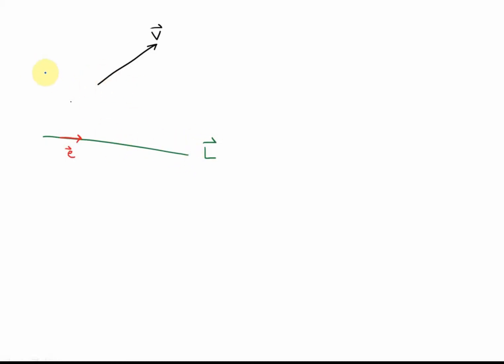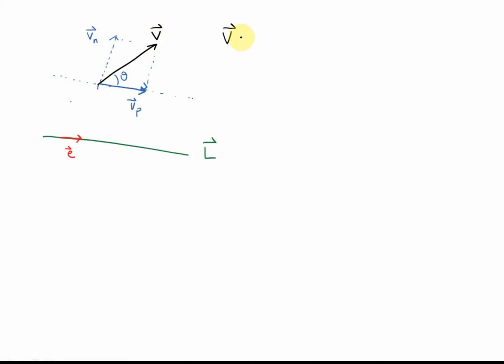So what does that mean? If I make a line perpendicular to L, then I want to break my vector into a component along L and a component perpendicular to L, which means here. Let's say this is V_P, this is V_N, normal or perpendicular, and this is, let's say, theta.